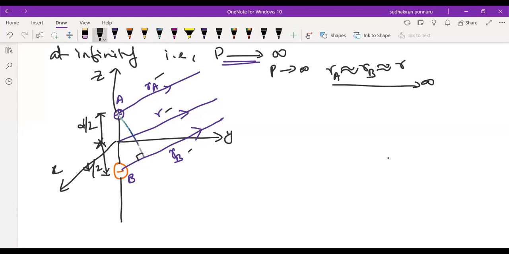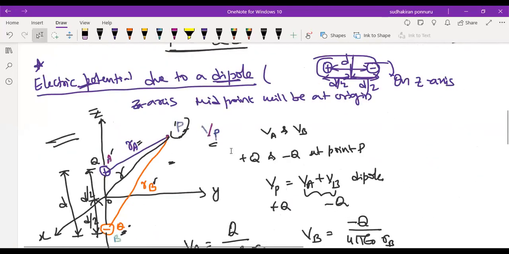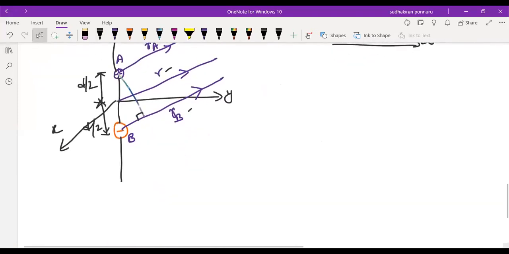Earlier it is 90. A small modification, I am adding one more point to the previous diagram. If this R is making an angle of theta, and now this is theta here.